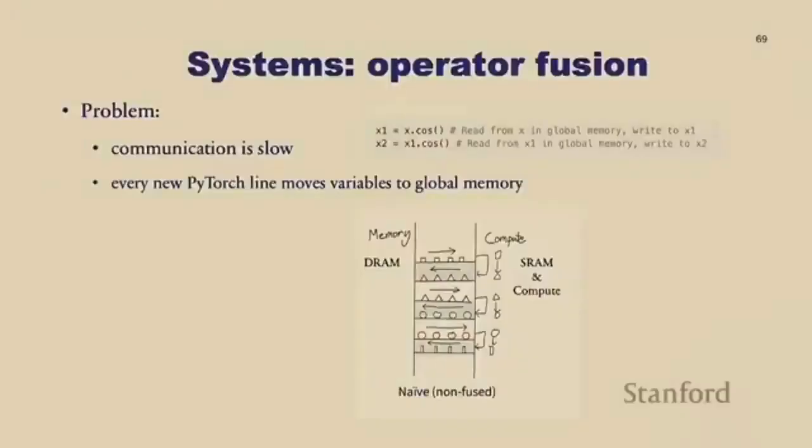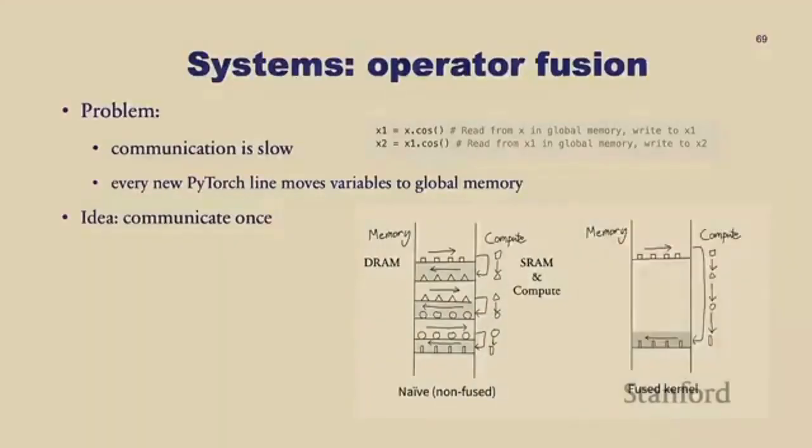Another way to see that is that you go from your DRAM, which is the global memory in your GPU, you ship it to compute, and you ship it back for every line. This is a naive way of doing it. This seems very wasteful. So the simple idea of operator fusion is to communicate, do all the computation, and ship it back once. And this is exactly what fused kernels are.